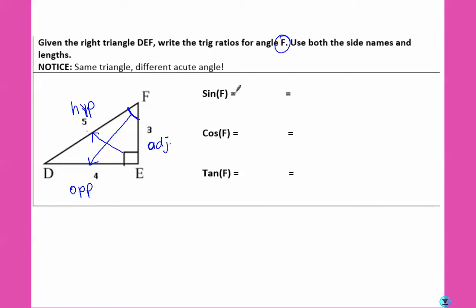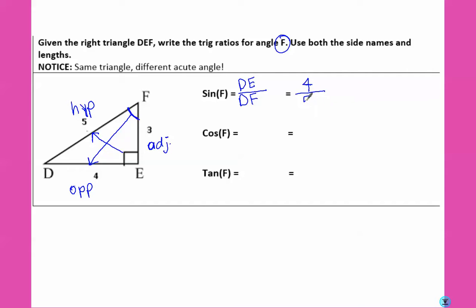So sine of F, sine is opposite over hypotenuse. So it would be DE over DF. DE has a length of 4.